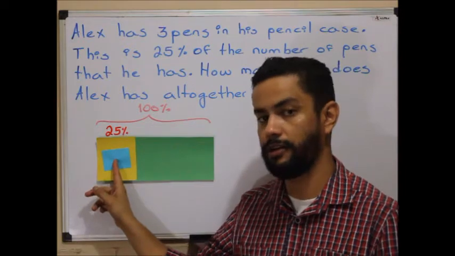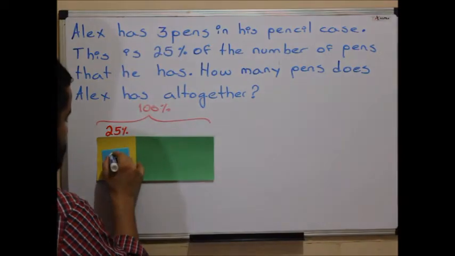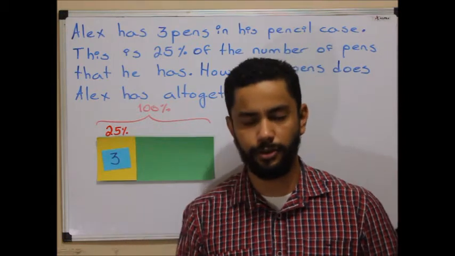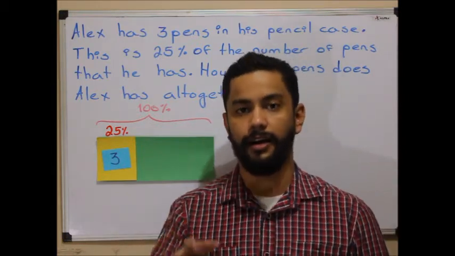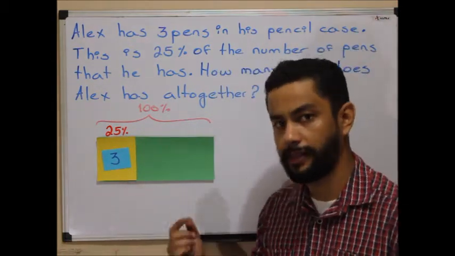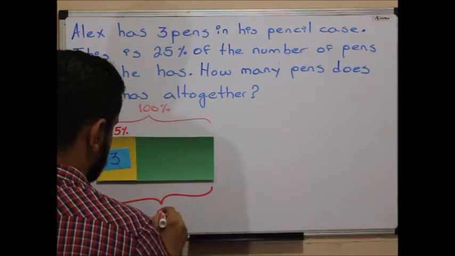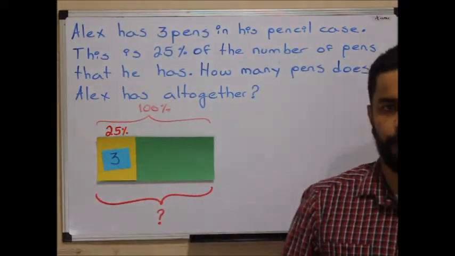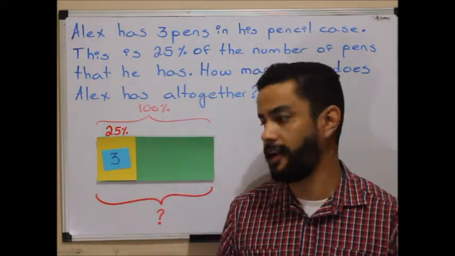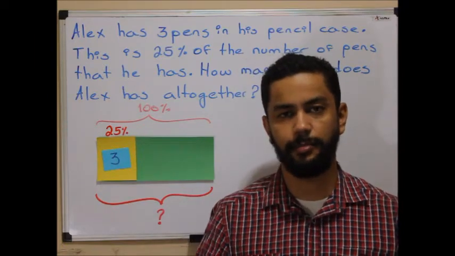So we're going to write here 3 pens. And we have the same structure as exercise number 5. So here we have the unknown. Now we're going to start making the numerical procedure to find all the amount of pens that he has in his pencil case.